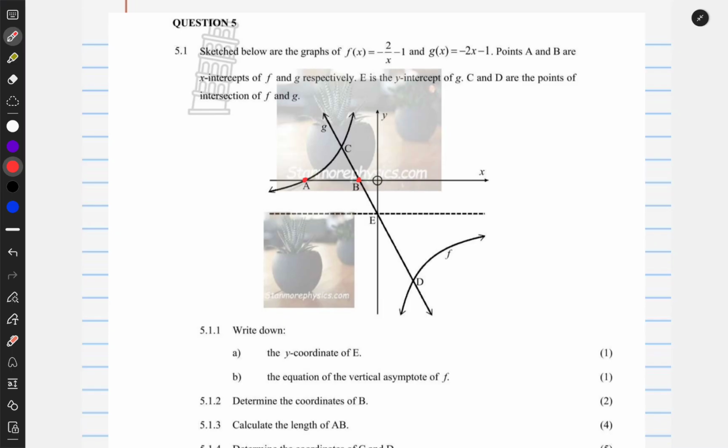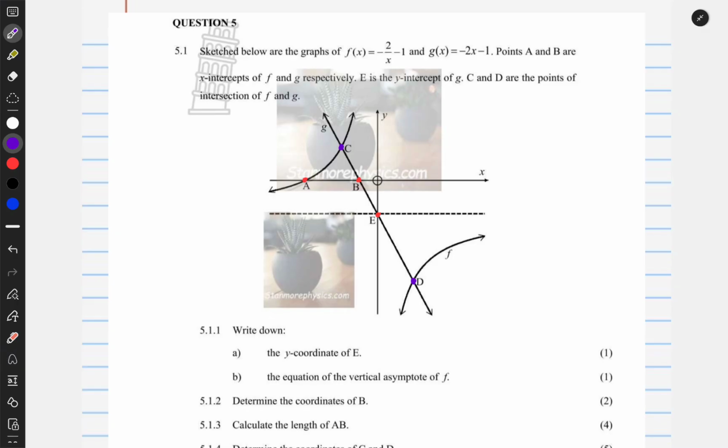Then E is the y-intercept of g, the straight line. And then C and D are the points of intersection of f and g, where the two graphs intersect. And what do we know about the points of intersection of two graphs? Where the two graphs meet or intersect, those graphs are equal.